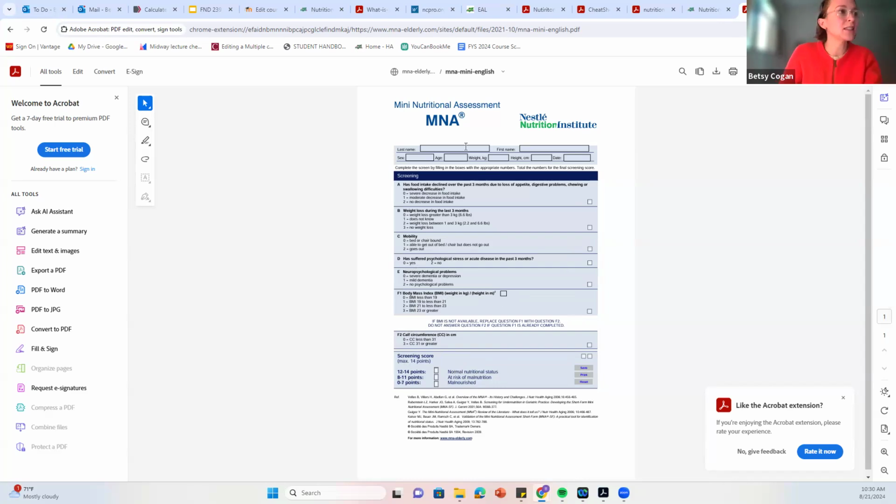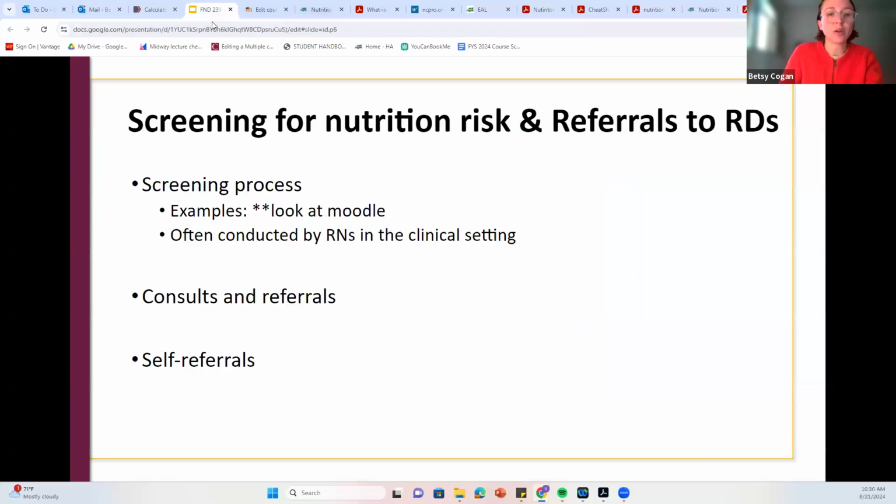So screening tools like this may be used in order to identify malnutrition, to ping a consult from a dietitian, or can be used by a dietitian that maybe was referred to a patient to identify if malnutrition is something that is of concern prior to interacting with that patient, or after the fact, where we're identifying malnutrition and getting the appropriate interventions to that patient to avoid the consequences of malnutrition, right?